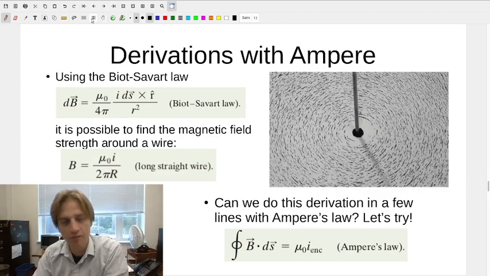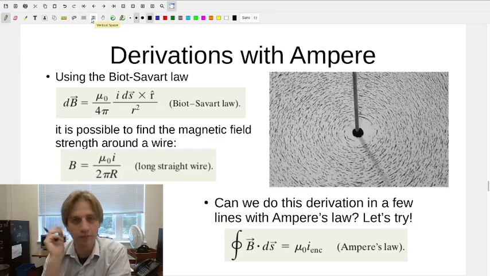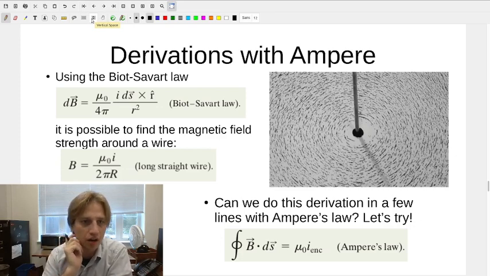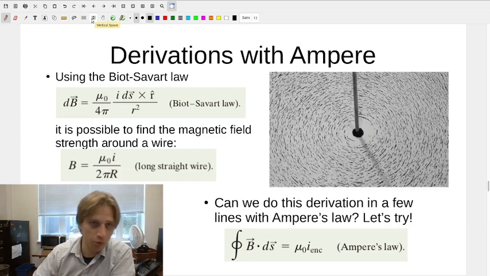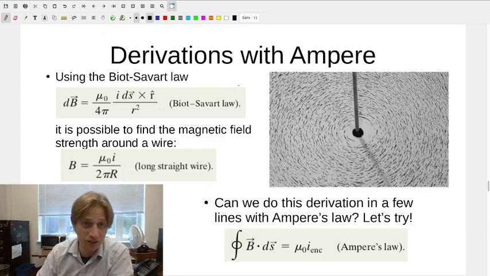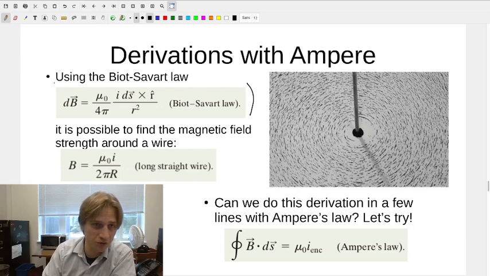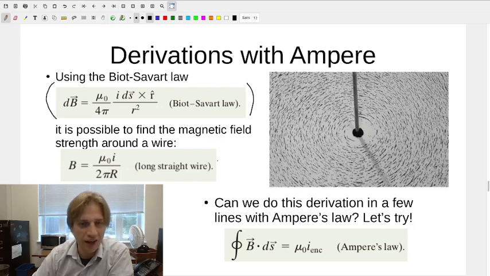Now at this point it might seem to you, well, why am I doing this? This seems confusing and hard. But I will remind you that the Biot-Savart law was itself confusing and hard. And it turns out if you use Ampere's law, you can get to some of the classic results in magnetostatics really quickly.